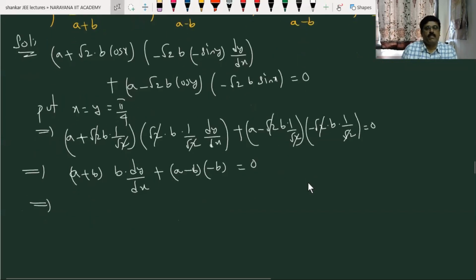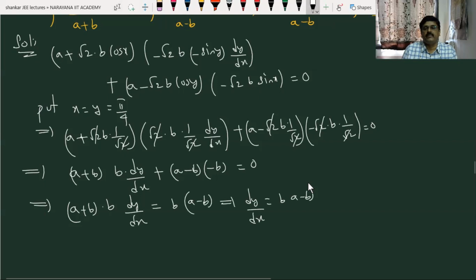Therefore, a plus b into dy by dx is equal to b of a minus b. That implies dy by dx is equal to b of a minus b upon b of a plus b.